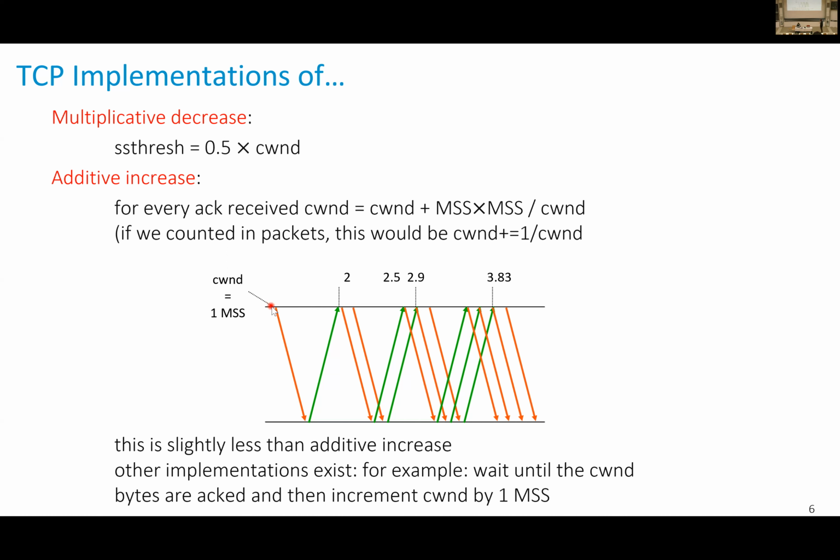Here's an example where I send one packet and I get an acknowledgement. So the congestion window started with 1, then the new value will be 2. But now if I start with a window of 2, we see that for every packet that I receive, I increment by 1 over 2 for the first one, and 1 over 2.5 for the second one.